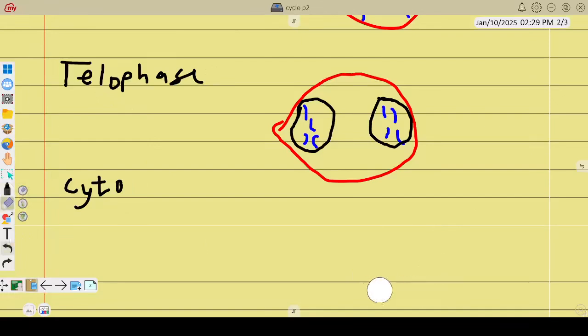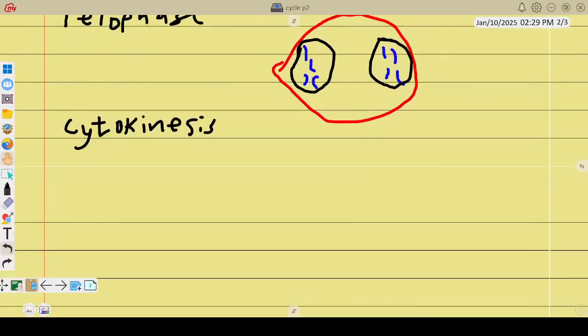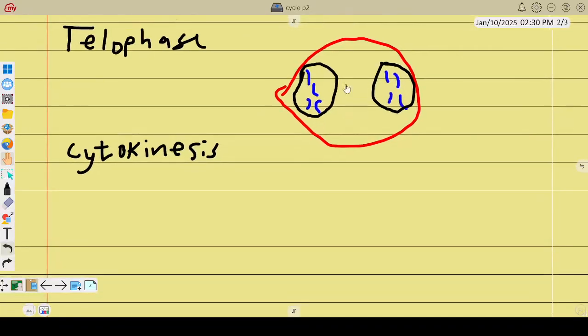So what happens next? We come to cytokinesis. Now after the chromosomes arrive at the center, there will be formation of a cleavage furrow. So we'll just use the same one.